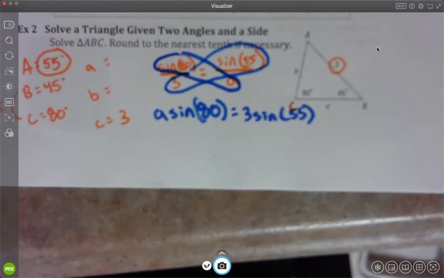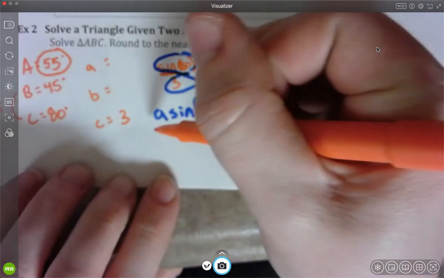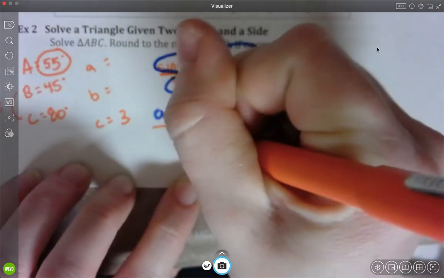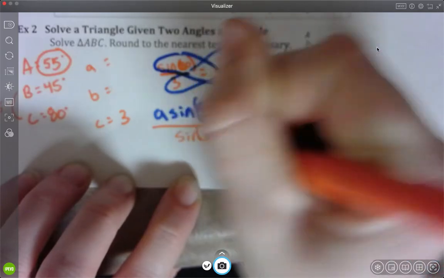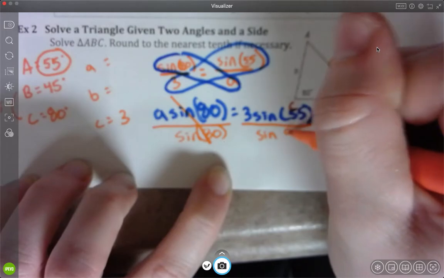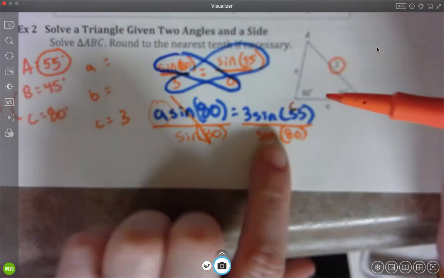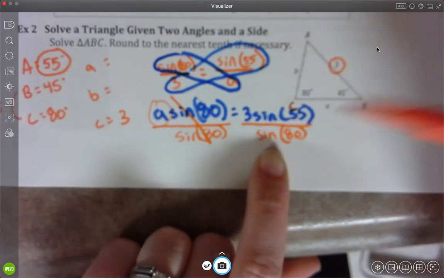That's what it will look like. Now to solve for A, or to get A by itself, I'm going to divide by sine of 80 to get him to go away, and divide by sine of 80 over here. So A is going to be equal to 3 sine 55 divided by sine 80.